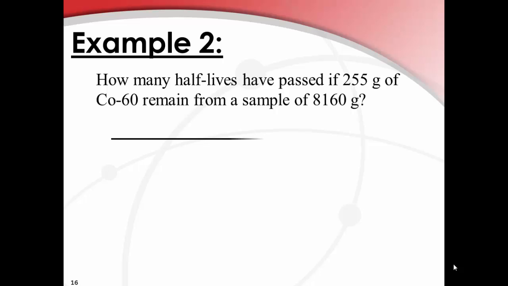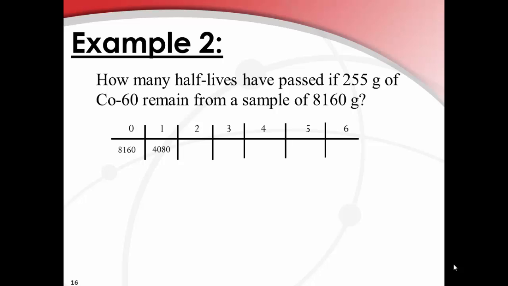So I'm going to build my table, and I don't know how many half-life periods have gone by, so I'm just going to build it from 0 to 6 half-lives have passed. Starting at time 0, I have 8,160 grams. After one half-life period, 4,080 grams will remain. After the second half-life period, 2,040 grams will remain. After a third half-life period has passed, 1,020 grams remain.